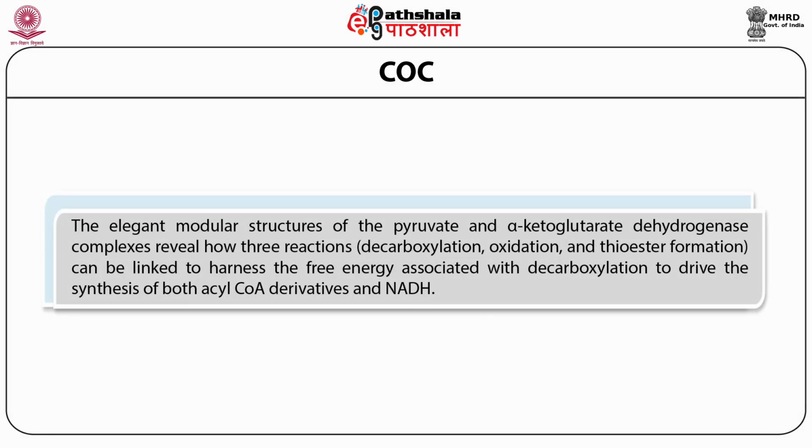The elegant modular structure of the pyruvate and alpha ketoglutarate dehydrogenase complexes reveals how 3 reactions, that are decarboxylation, oxidation, and thioester formation, can be linked to harness the free energy associated with decarboxylation to drive the synthesis of both acyl coenzyme A derivatives and NADH.